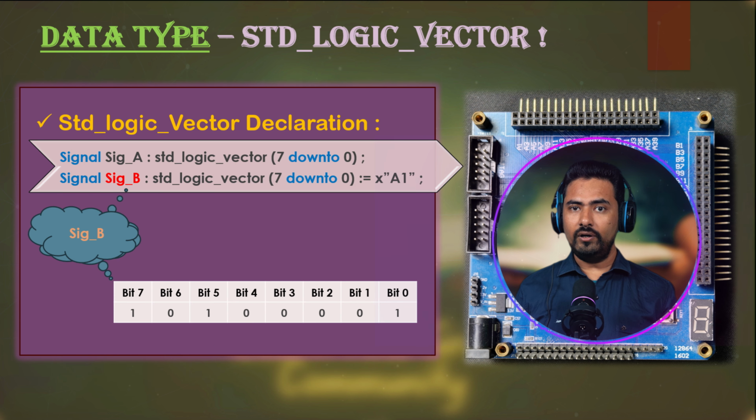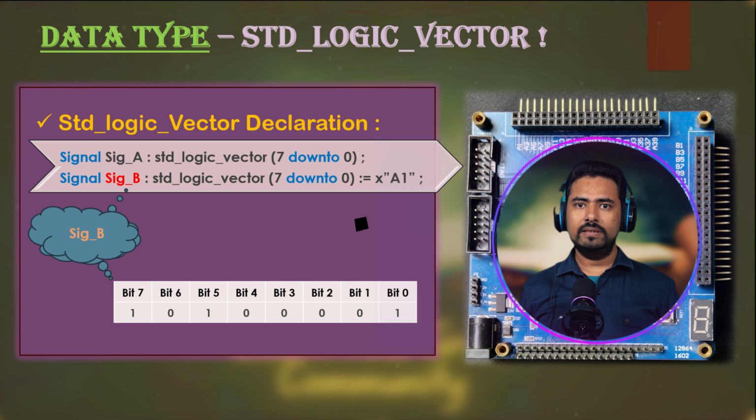Now that we are comfortable with single bits, VHDL introduces the std_logic_vector data type for handling multiple bits together. Imagine a bunch of wires grouped into a single cable. That is the essence of a vector. A std_logic_vector acts like an array of individual std_logic signals.